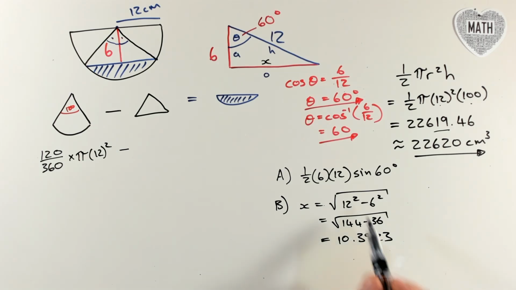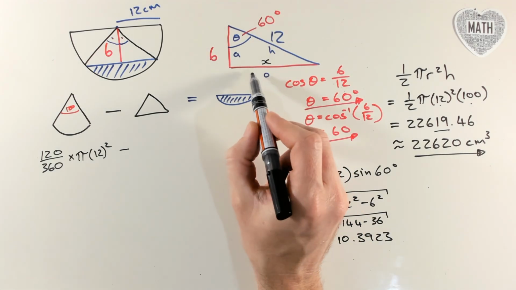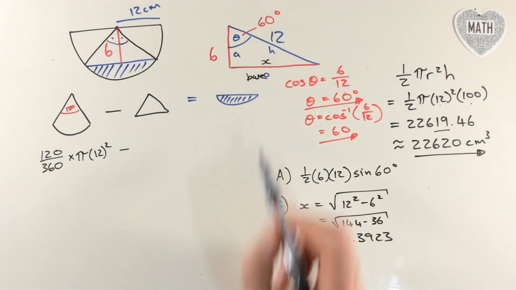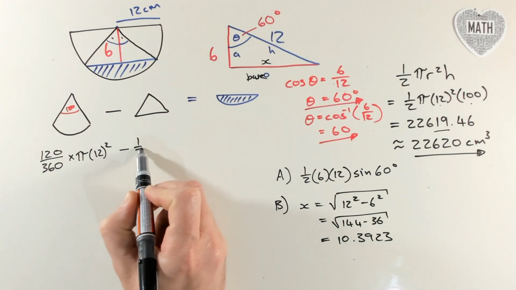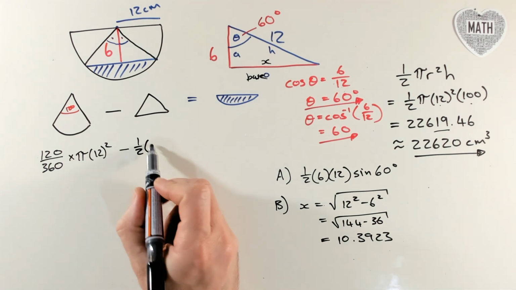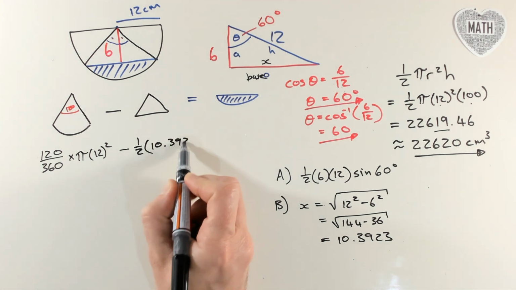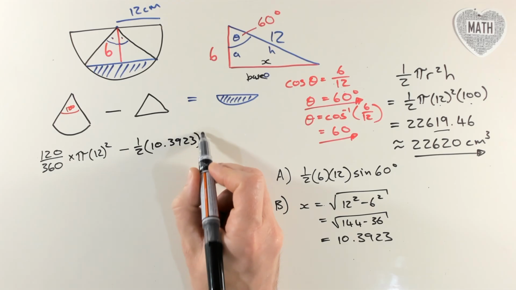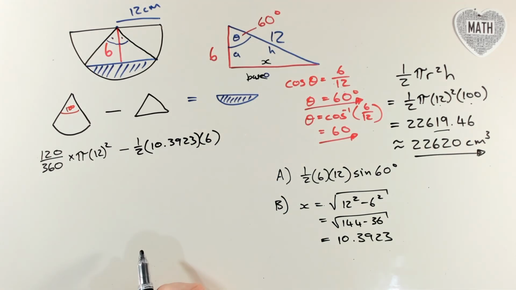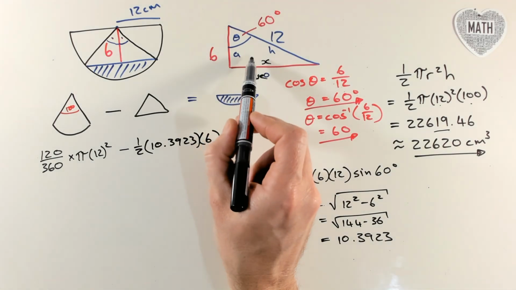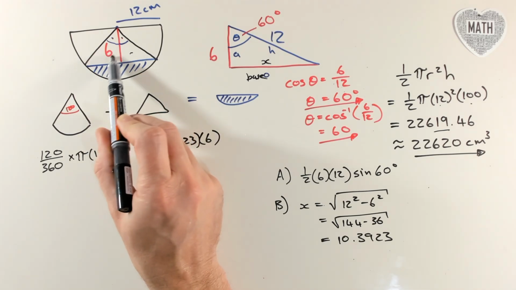But that's not the end. This won't give us the area, but it is the base. So I could do minus half the base, which is the 10.3923, times the height, which is 6. But this is only one triangle, and I want both triangles.